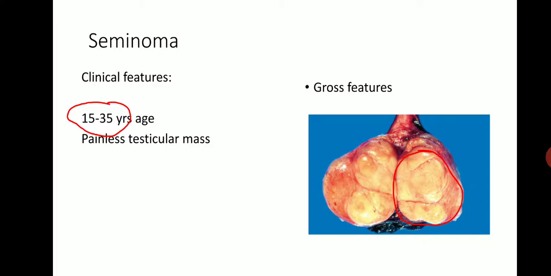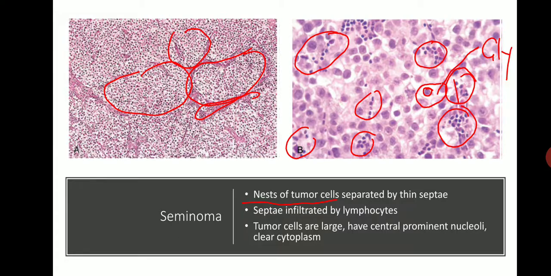They can present as occult testicular masses with disseminated metastasis. Grossly, it is well circumscribed and solid, and microscopically looks very similar to dysgerminoma, with nests of tumor cells separated by fibrovascular septae, and the septae are infiltrated by lymphocytes, and this is one tumor where you can see granulomas within the tumors.